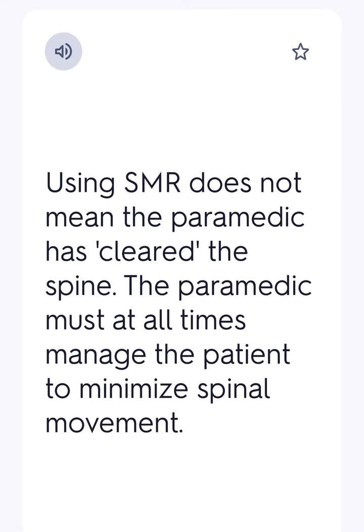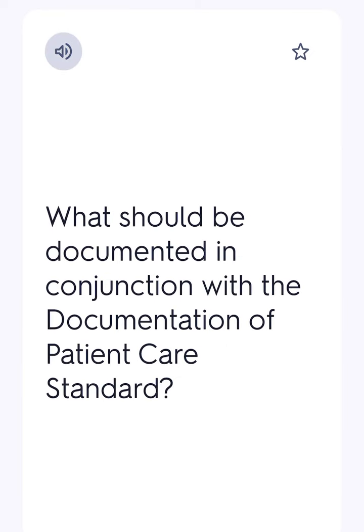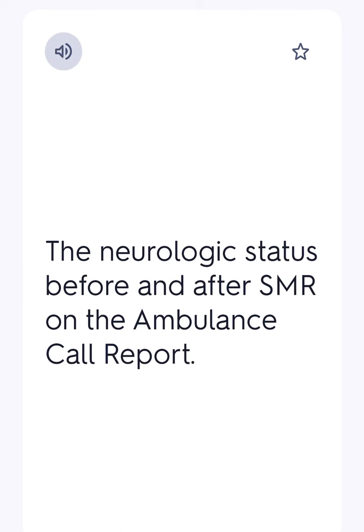Using SMR does not mean the paramedic has cleared the spine. The paramedic must at all times manage the patient to minimize spinal movement. What should be documented in conjunction with the documentation of patient care standard? The neurologic status before and after SMR on the ambulance call report.